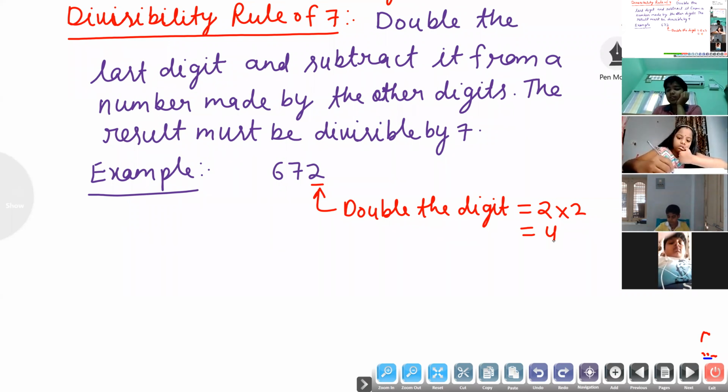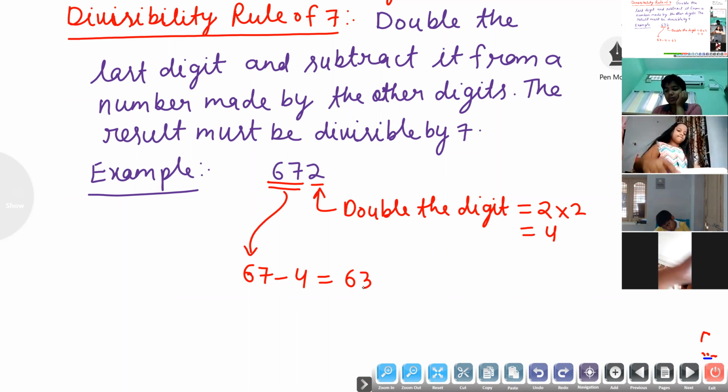Except the last digit is 67. 67 minus double the last digit, 4, is equal to 63. Now 63 comes in the 7 table. This is the result. 63 must be divisible by 7, meaning if I divide 63 divided by 7, the answer will come 9.